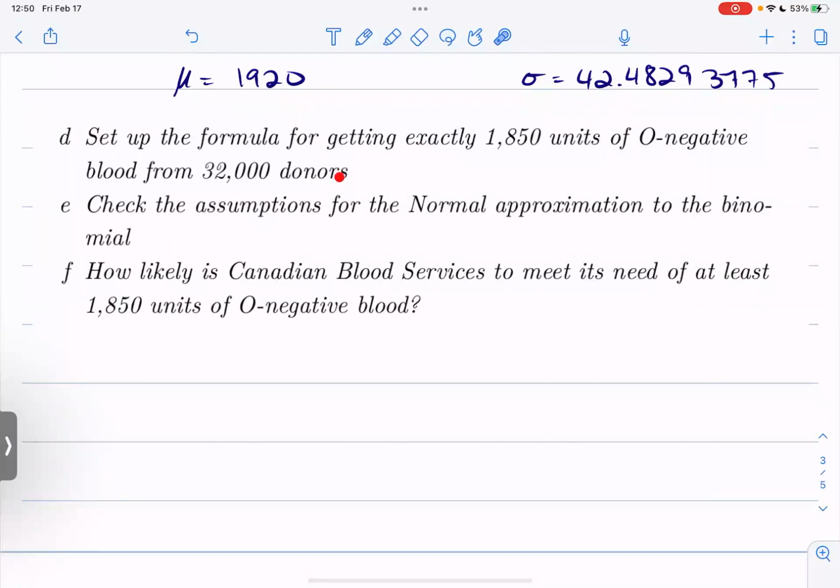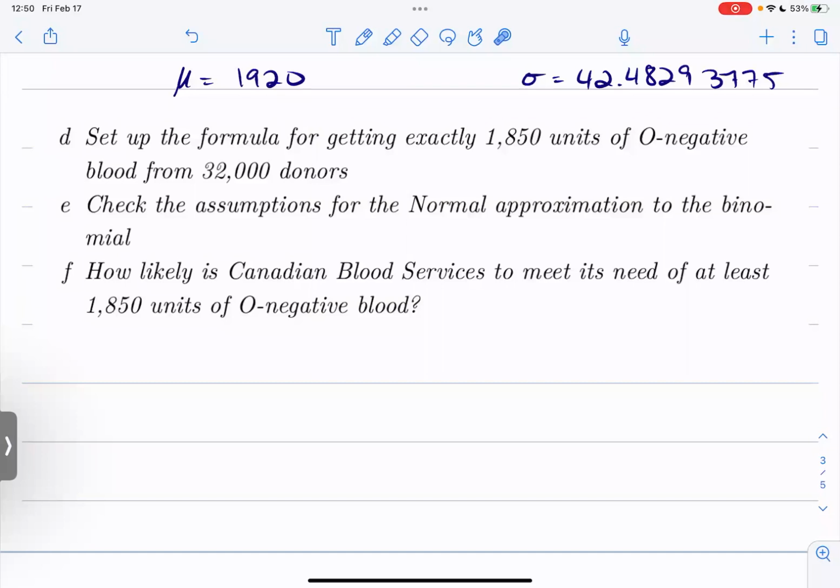Set up the formula for getting exactly 1,850 units of O negative blood from 32,000 donors. Why do I only want the formula? Because that choose function, your calculator will not be able to do it. Try 32,000 choose 1,850.